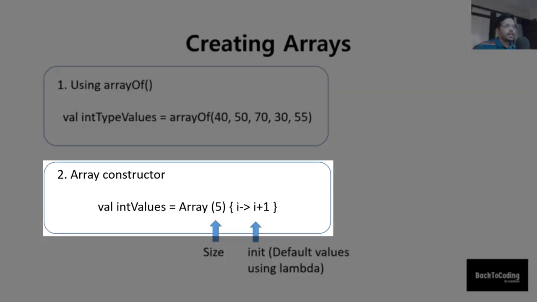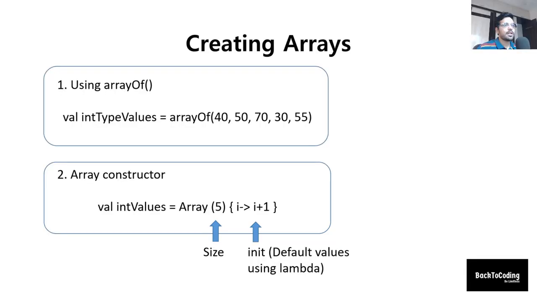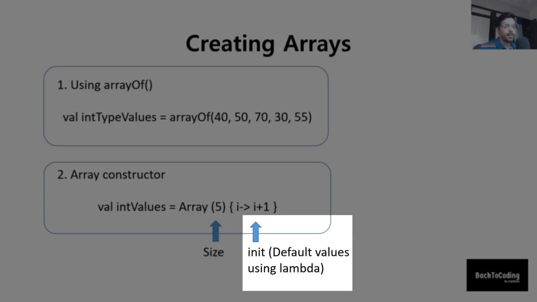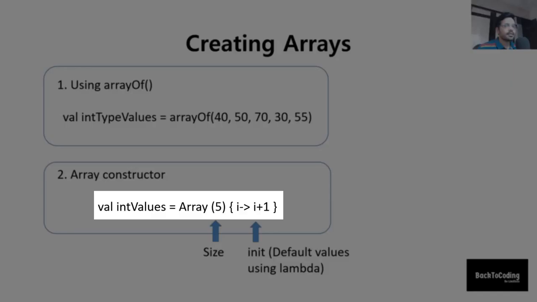Another way to create an array is using the Array constructor, which expects two parameters, size and init. The init parameter contains a lambda expression and we are going to discuss lambda expressions in the upcoming videos. So don't miss any of the videos. This is how it is defined.